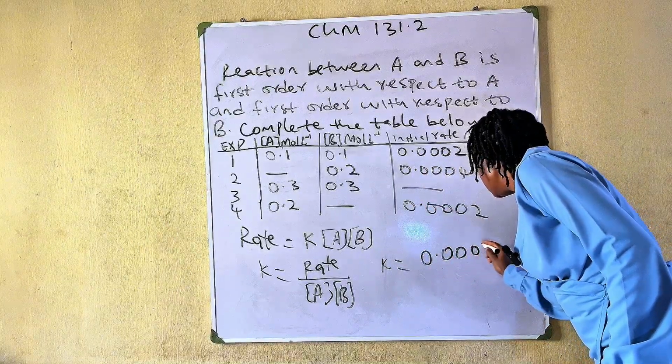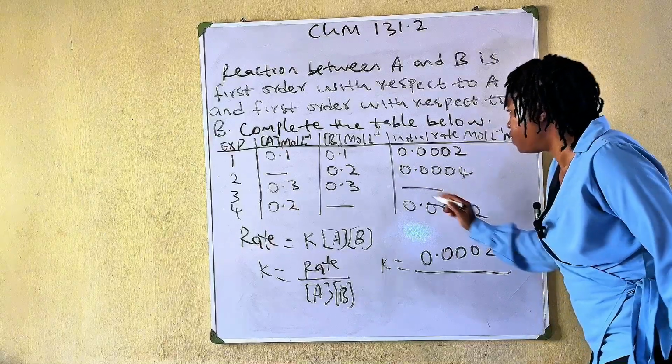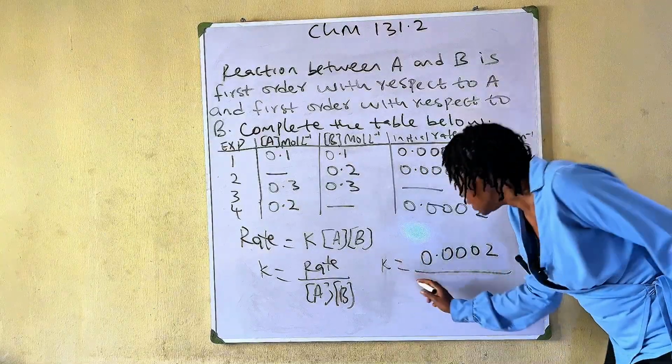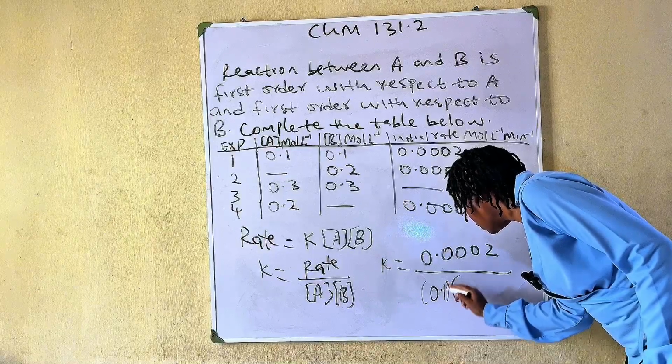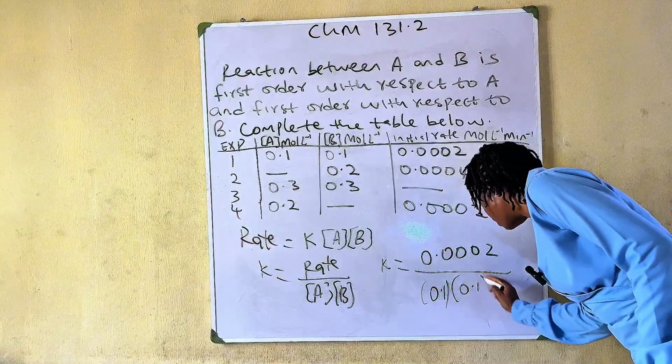So rate here is 0.002, divided by the product of the reactants, 0.1 by 0.1.